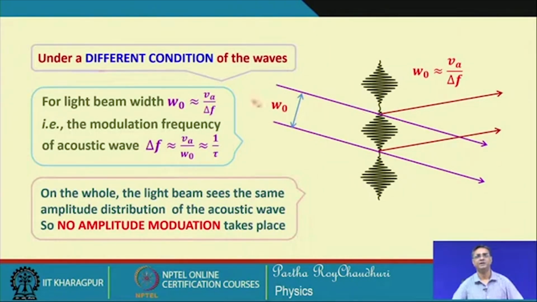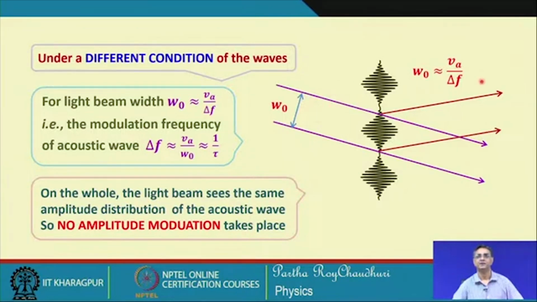Now, under a different condition, when this condition is not satisfied, or the optical beam width is more, or at least critically equal to this distance V_A by delta f, and it is completely engrossed by this, in that case, as the acoustic wave passes through this optical beam, on the whole the light beam sees the same amplitude distribution of the acoustic wave, and therefore there will be no amplitude modulation.